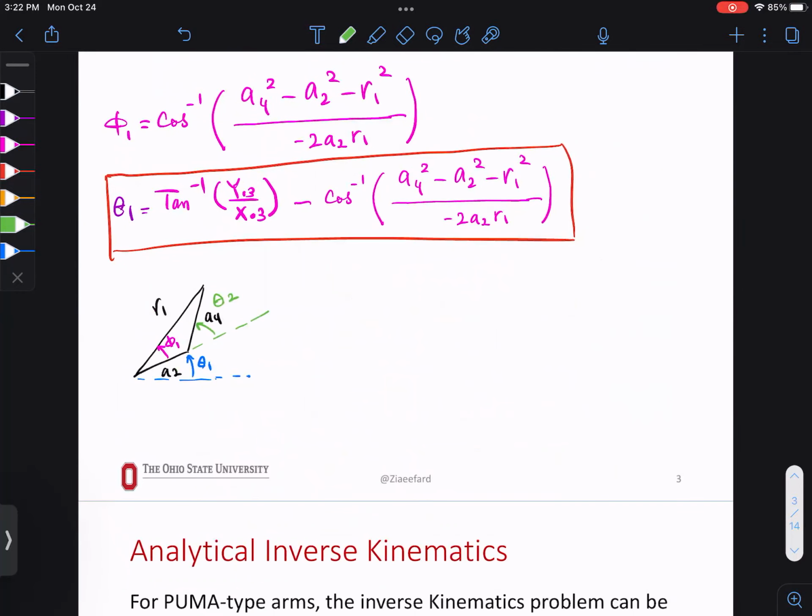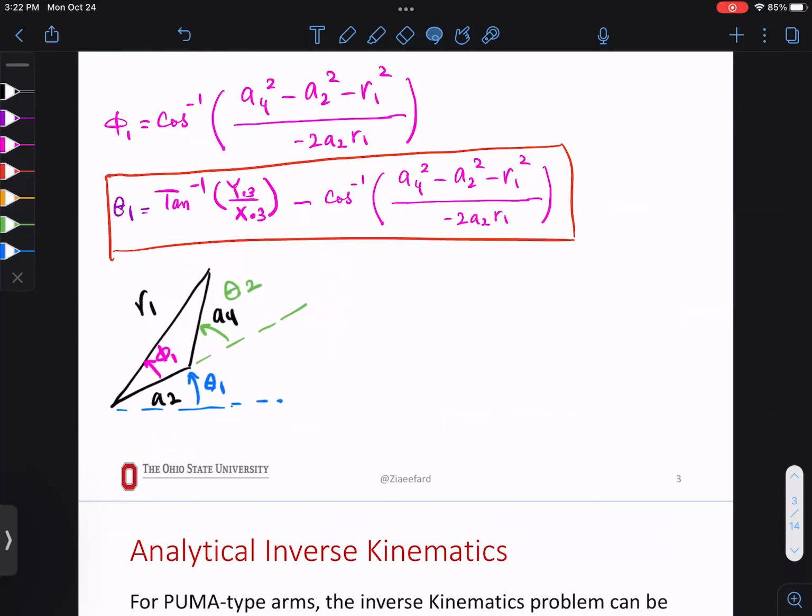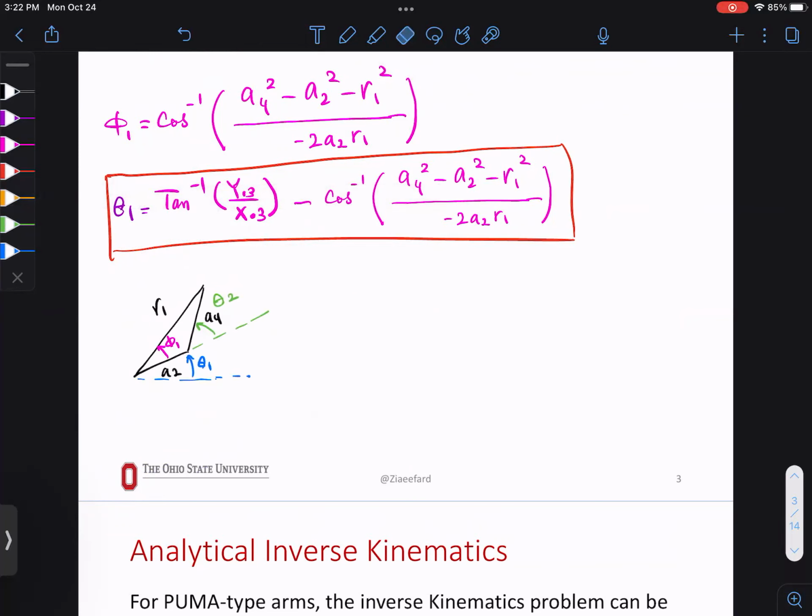Now, how can I find theta 2? Yes. So for theta 2, you go all the way back to the other side.